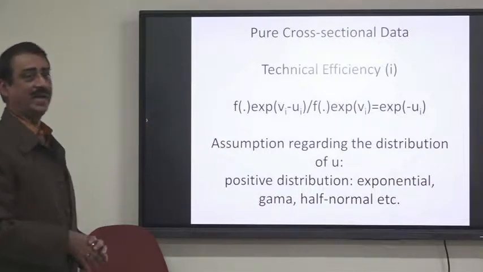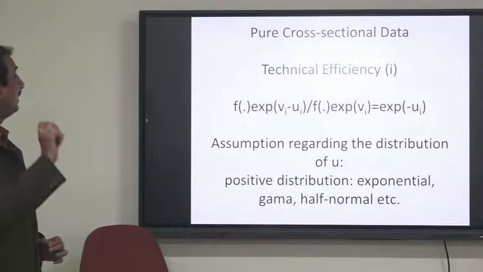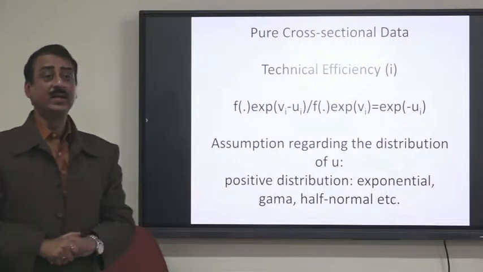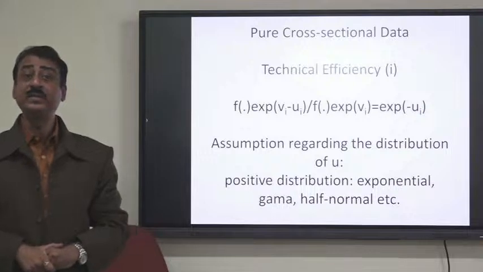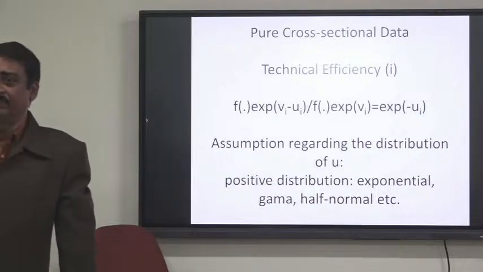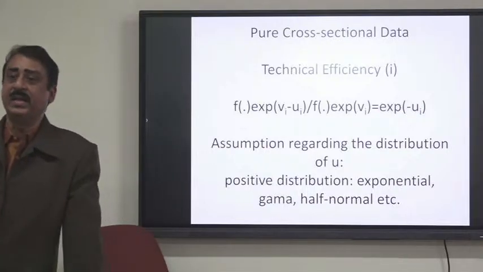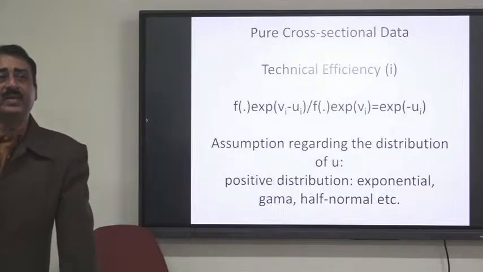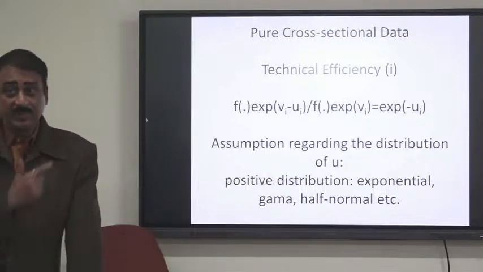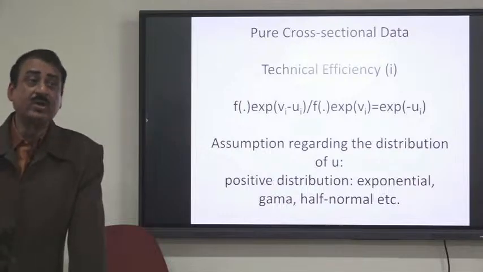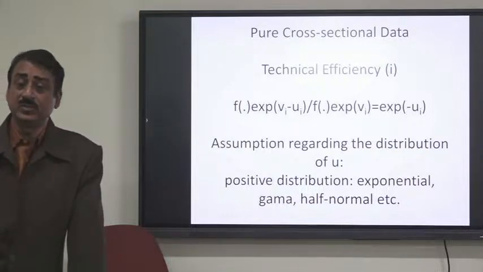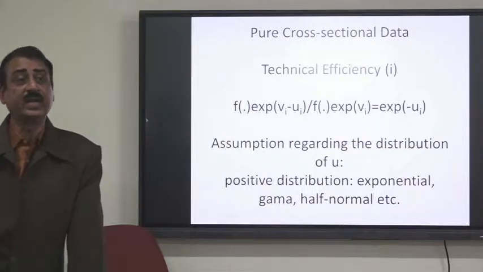So how do you do that? Here we use the concept of the stochastic frontier function framework. Some people use linear programming, that is called data envelopment analysis, DEA. But here what I have proposed is your econometric approach, that is the stochastic frontier function approach.